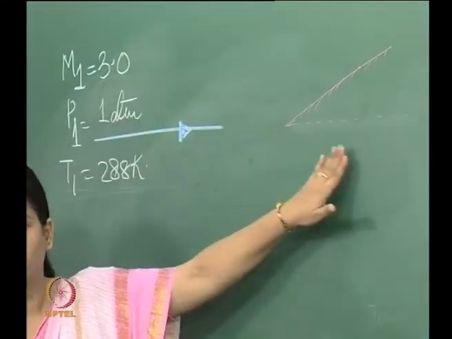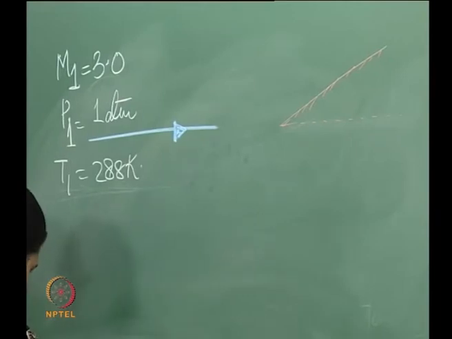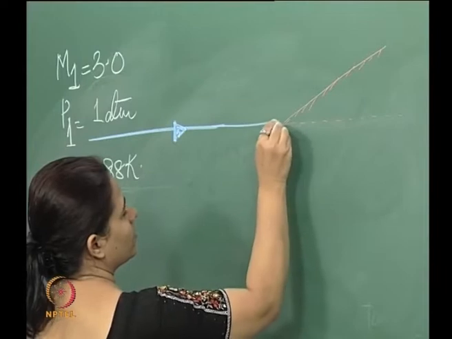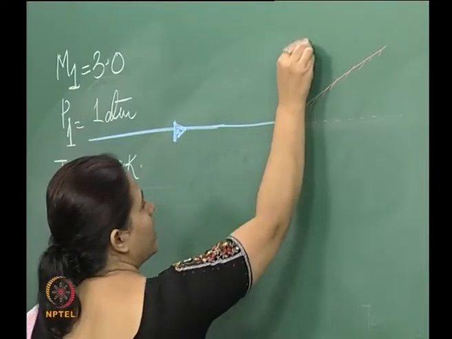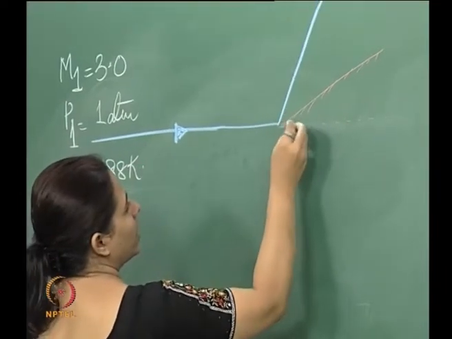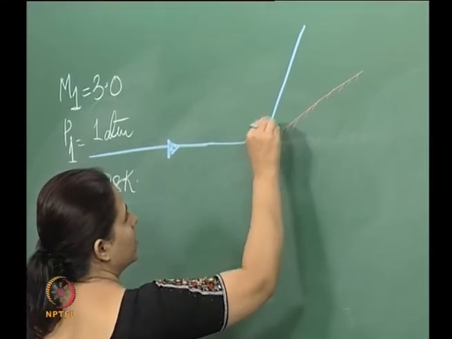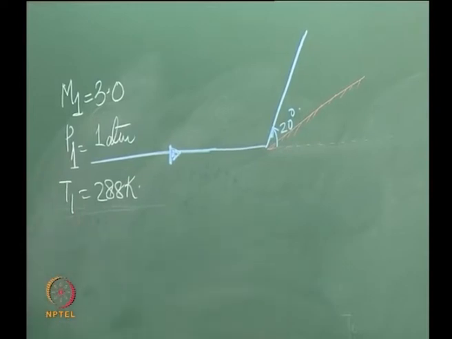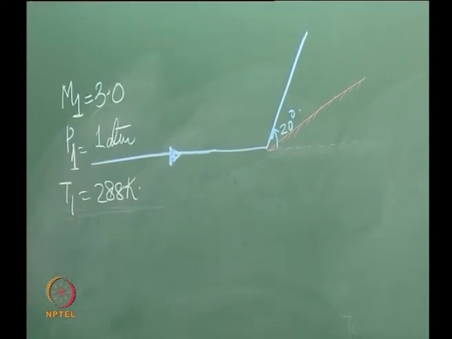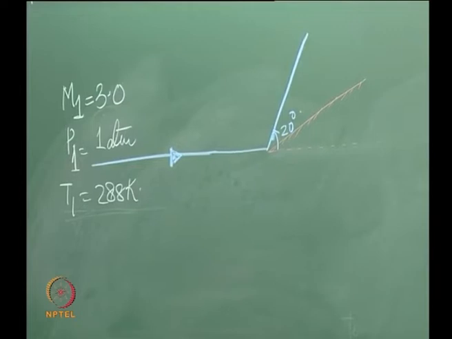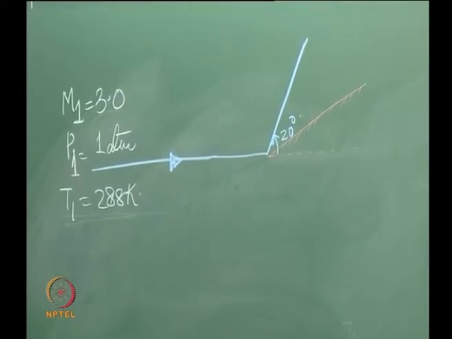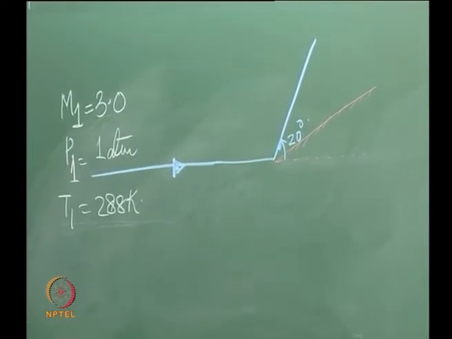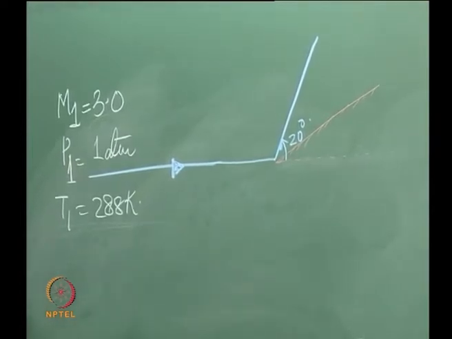When it encounters a corner like that, it is basically deflected by 20 degrees. So this is deflected by 20 degrees. This is a supersonic flow which is impinging.